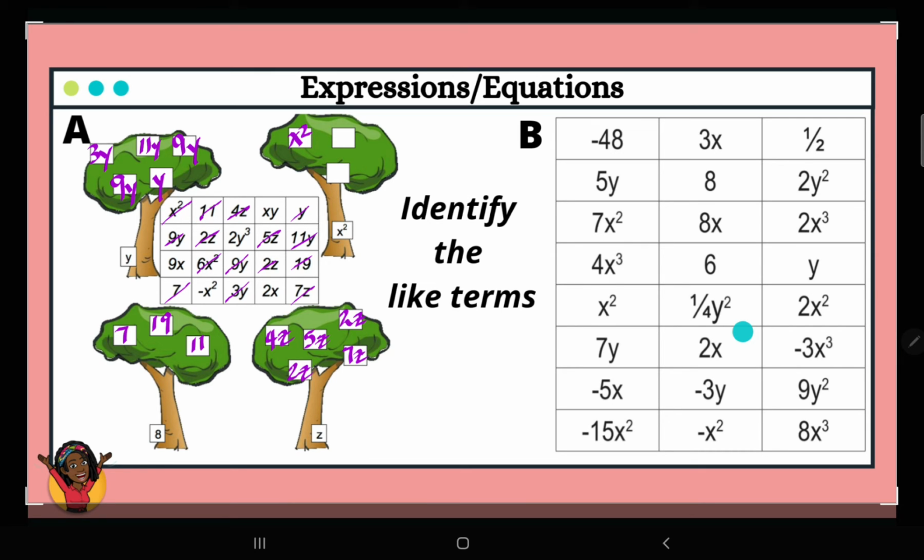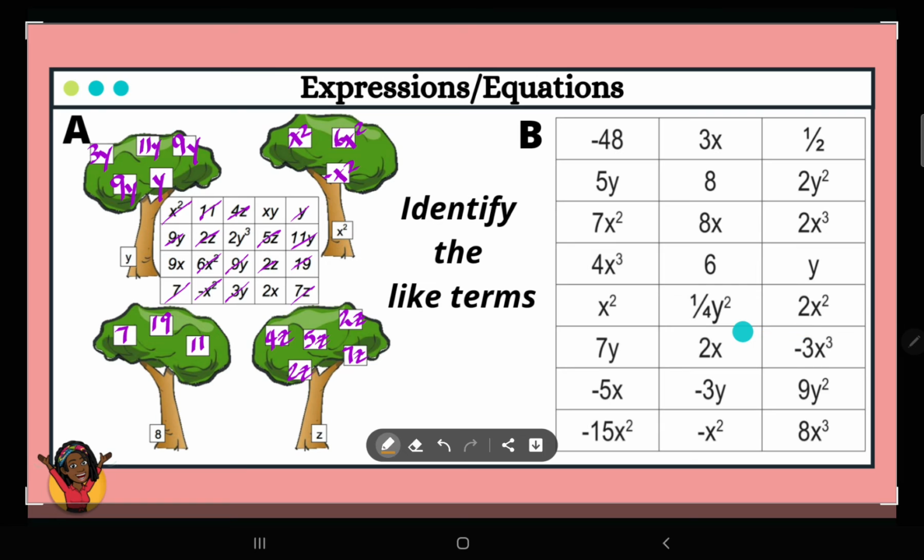I see 6x squared. And I see negative x squared. Okay. So that tells me that those are the like terms. I cannot use that 9x with the x squared because it does not have the same exponent as the others.